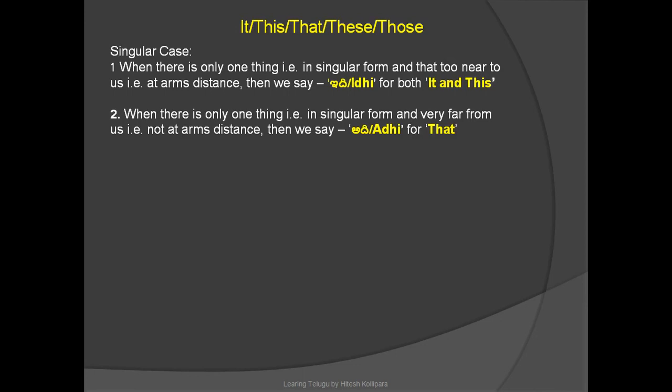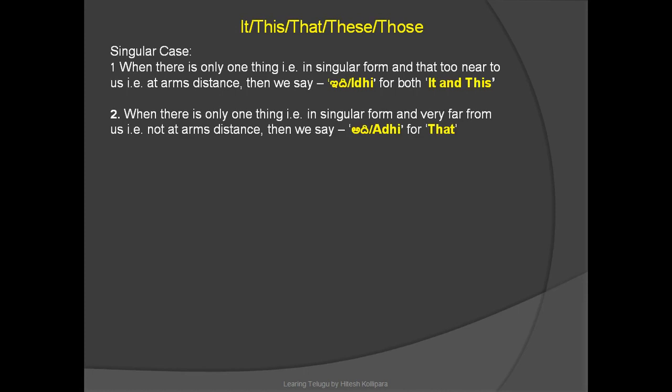And if the object is very far from us, then we should say adi for that. Idi for this and it, and adi for that. These two words come under singular case.